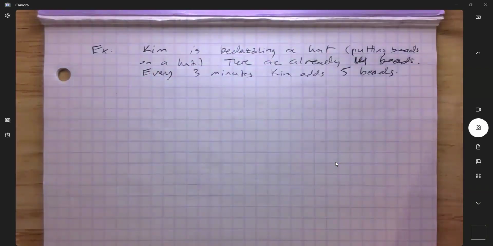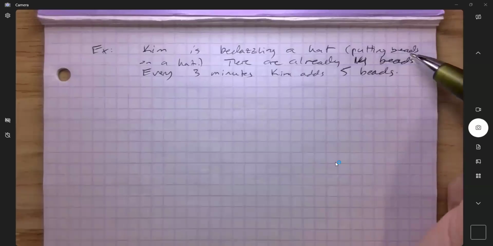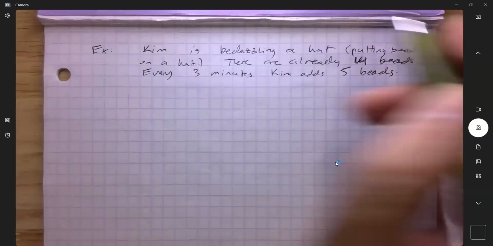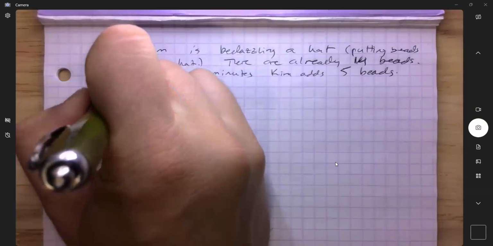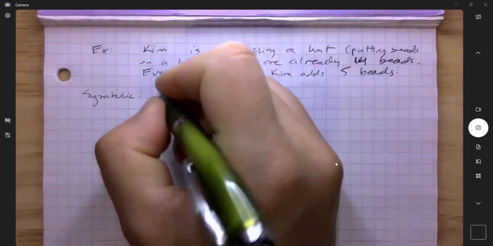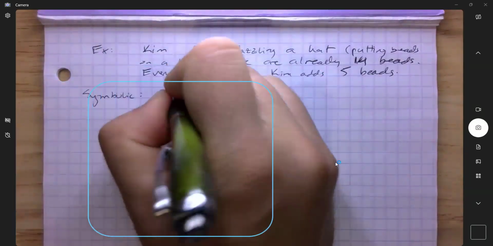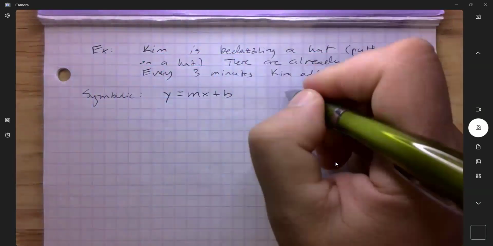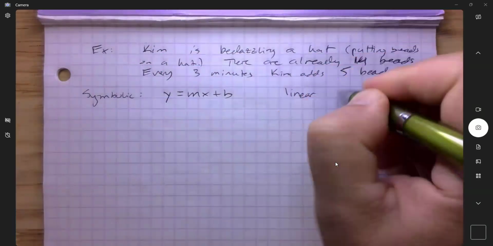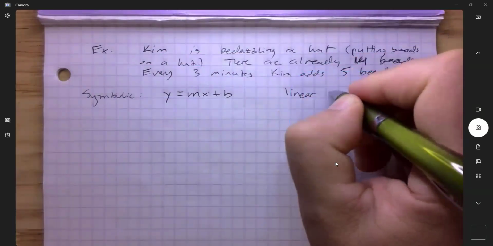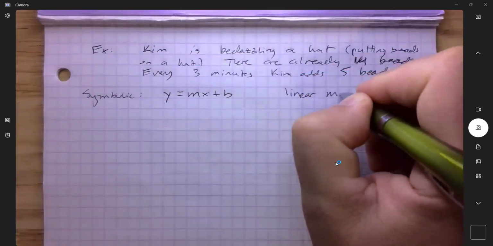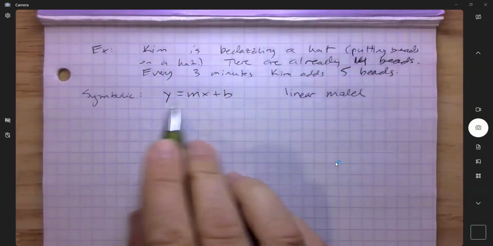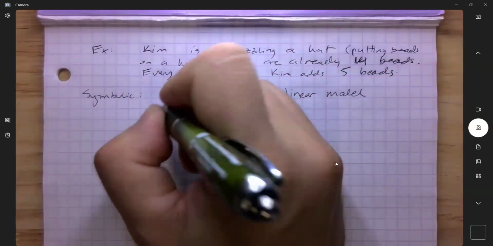So let's practice going straight to the symbolic from the information, although it's always okay to work through the numerical. So for the symbolic, let's start by writing down what the function looks like in its general form. This is a linear model. So we're going to use y equals mx plus b.